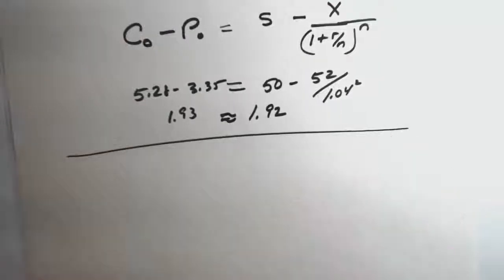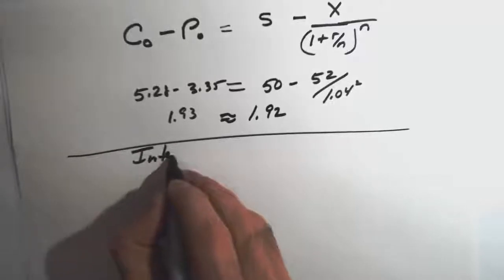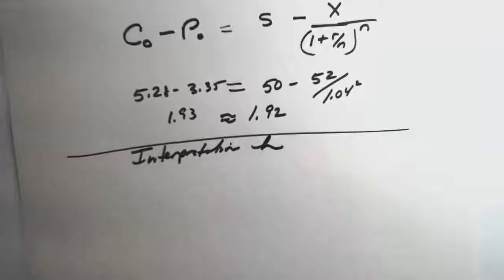Now, let's go further. Let's do an interpretation of H. There are 3 ways to interpret H. Okay?